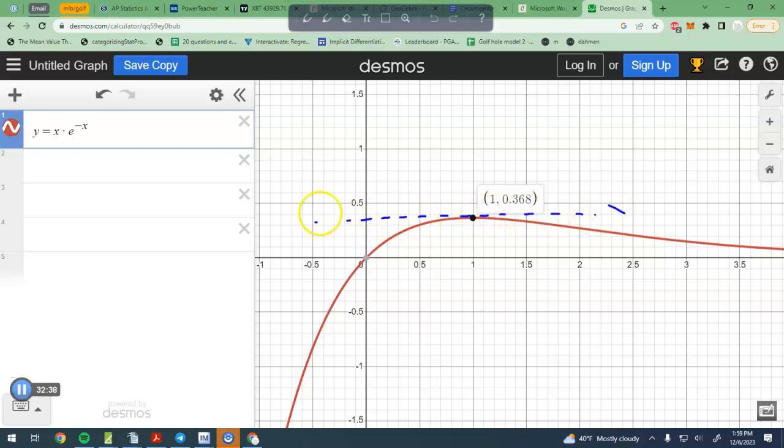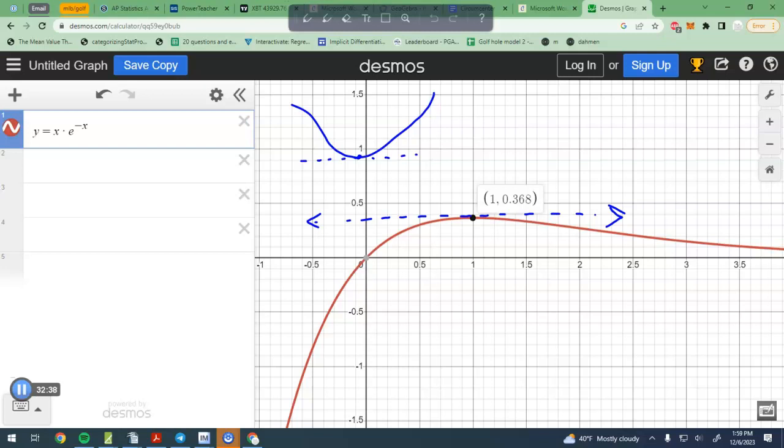Now the reason is calculus. Why is that going to go over? This tangent line is only touching in one place, but that one goes under. What's the difference between those two things? Yeah, it's the concavity.